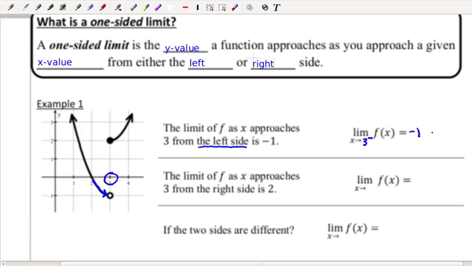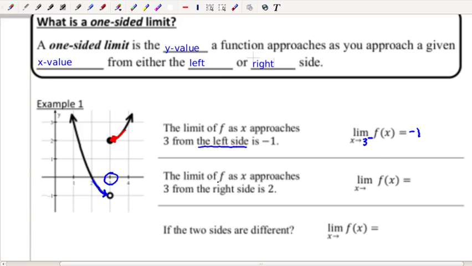There's my y value. And then if I take another look and I want to know, okay, coming in from the right side, coming in from the other direction towards 3, if I trace in along my function, the y value that I get closer and closer to from the right side is now going to be a y value of 2.